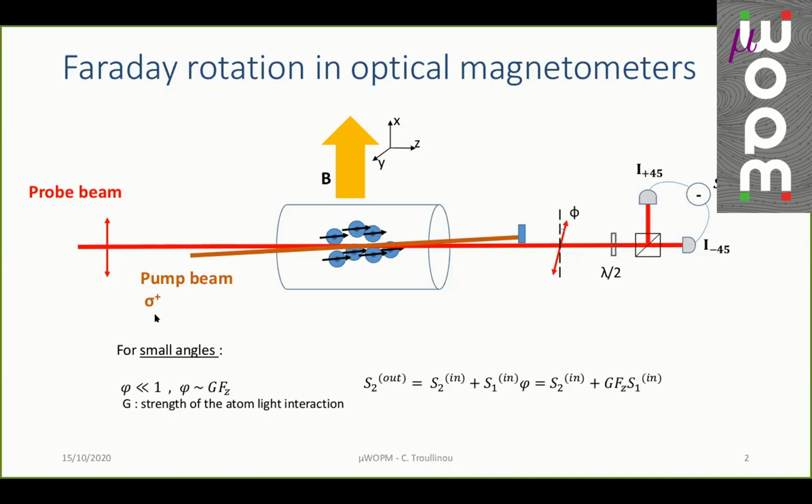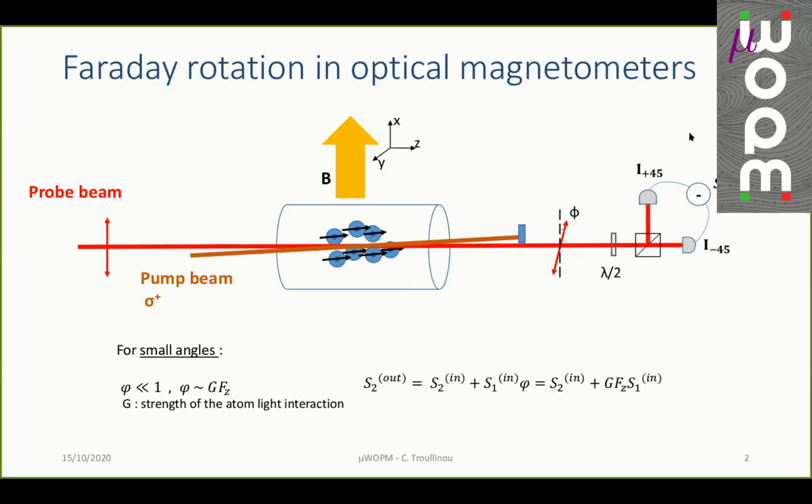The atoms are polarized by a circularly polarized beam, and they are free to precess around the magnetic field. And then the linearly polarized probe beam, after passing through these atoms, would rotate the polarization.